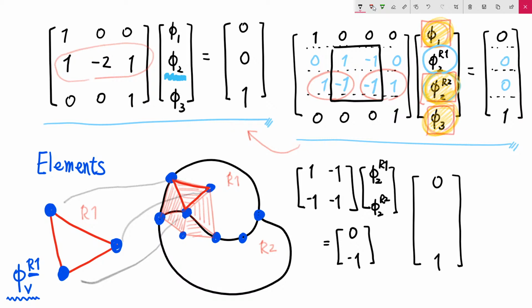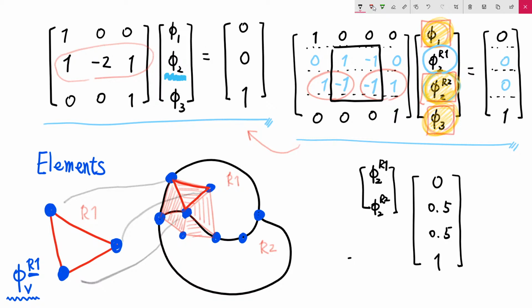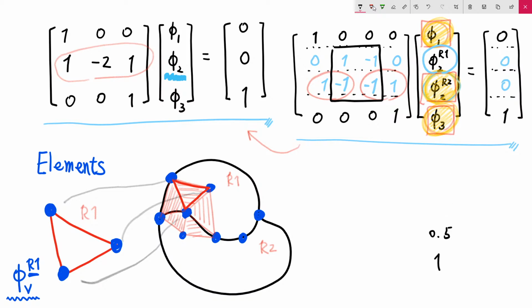So it means that we will have once again half and half by solving this small 2 by 2 matrix. You can immediately understand that it becomes just 0.5 for both values. So simply speaking, you don't have to worry about this separation of unknown variables. Now you can say, oh, this works.